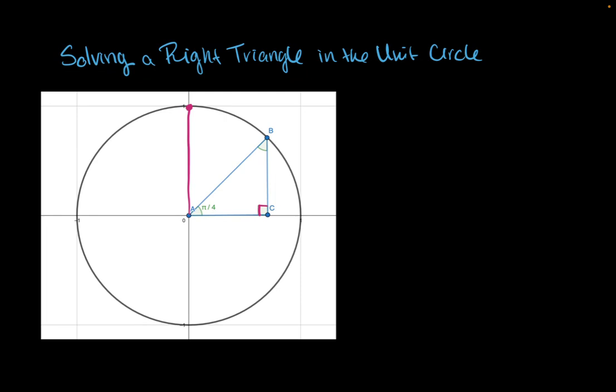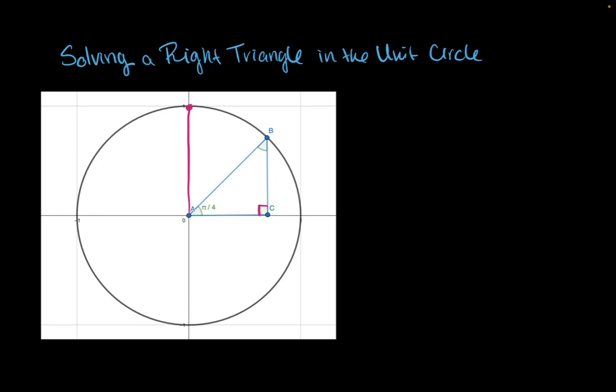So we want the measure of angle B. We need to remember that all of the interior angles of a triangle sum to 180 degrees, or if we're thinking in radians, that's pi radians. So all three angles should sum to pi radians.